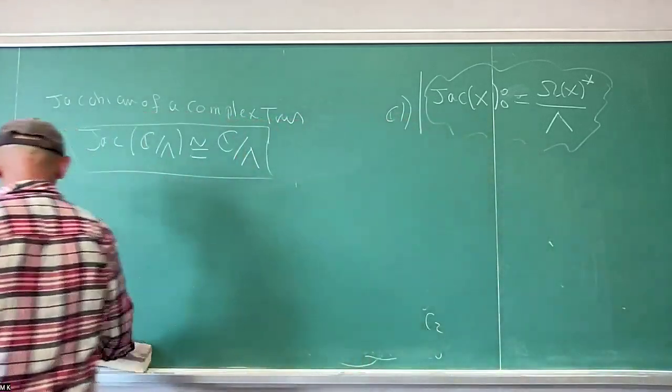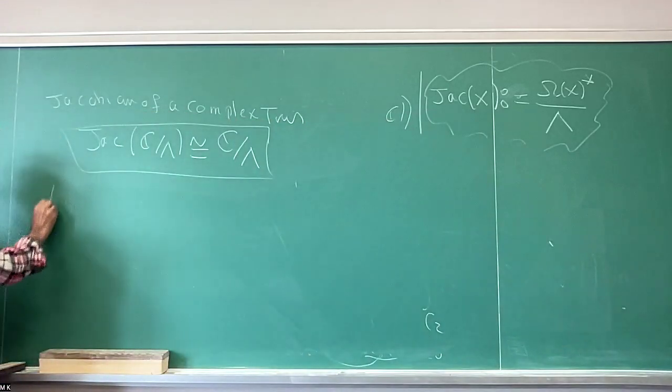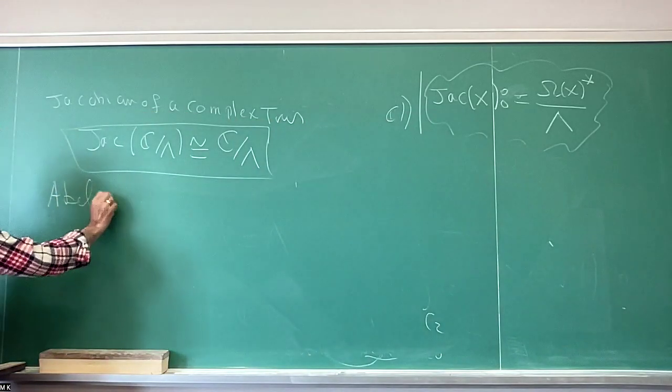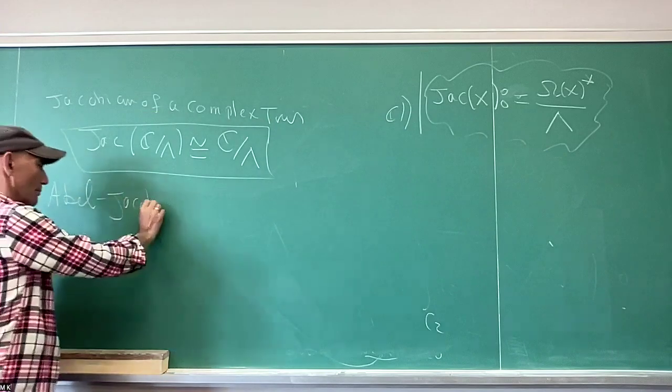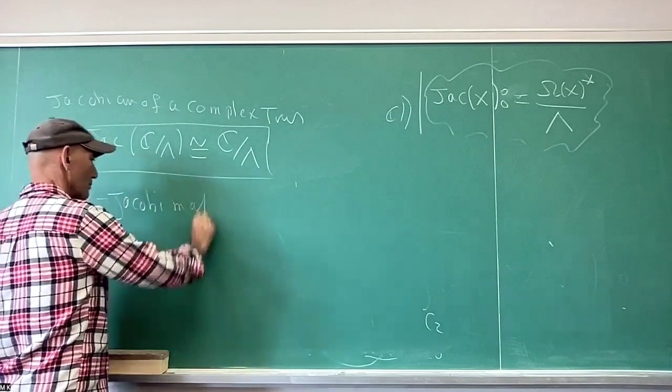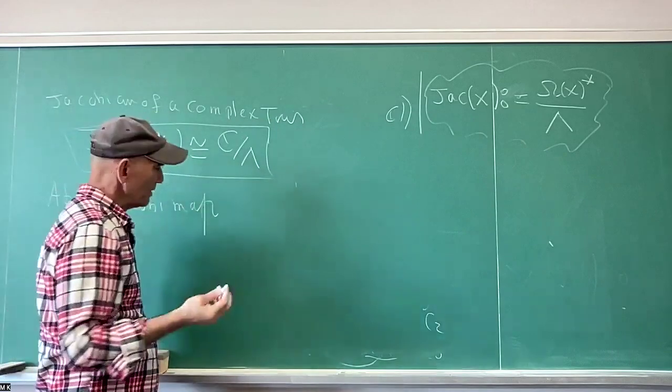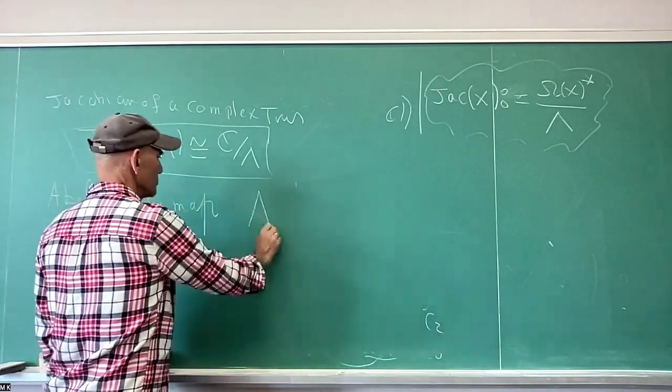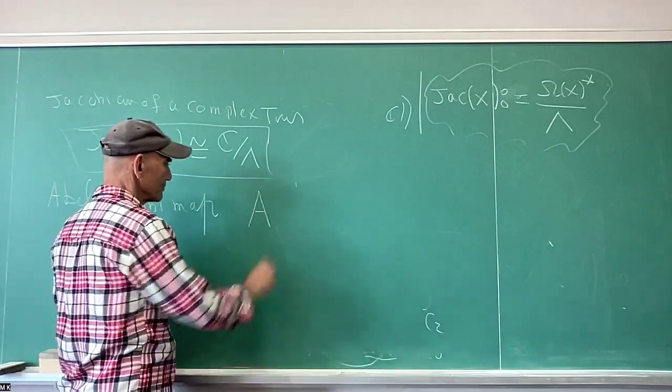So this is the next step now, the Abel-Jacobi map. People use different notations. I use A in honor of Abel.